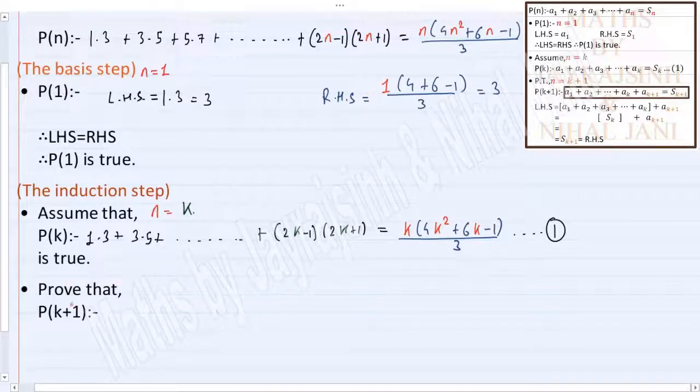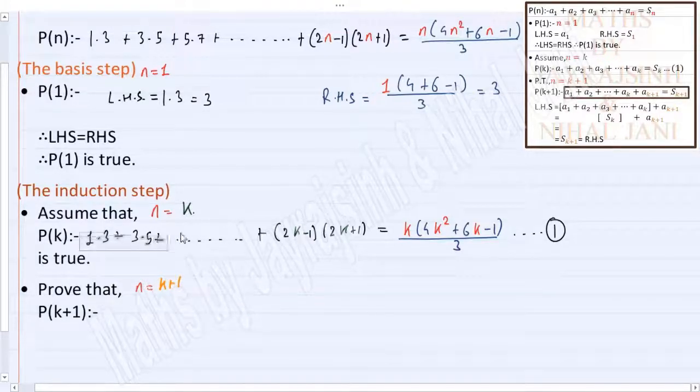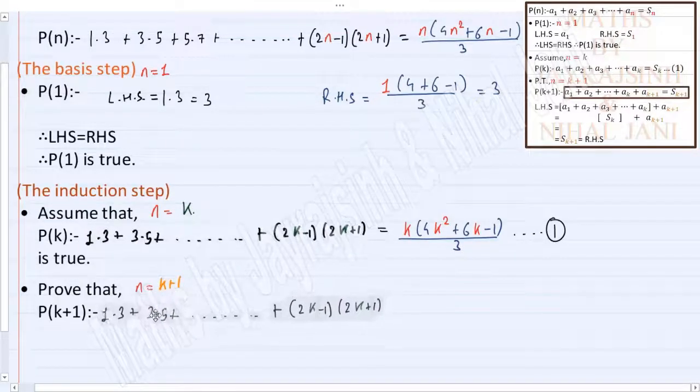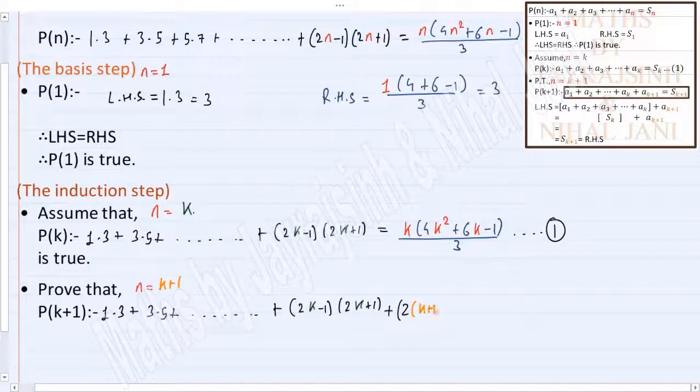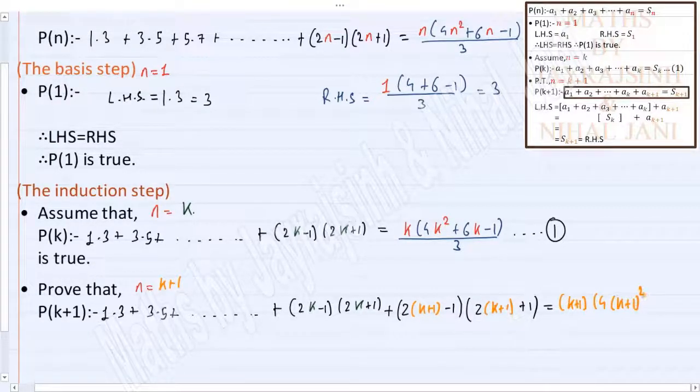Now, to prove p of k plus 1, let's form p of k plus 1 by replacing n by k plus 1. The first k terms will be the same, plus 2 times k plus 1 minus 1 into 2 times k plus 1 plus 1 is equal to k plus 1 into 4 times k plus 1 the whole square plus 6 times k plus 1, whole divided by 3.